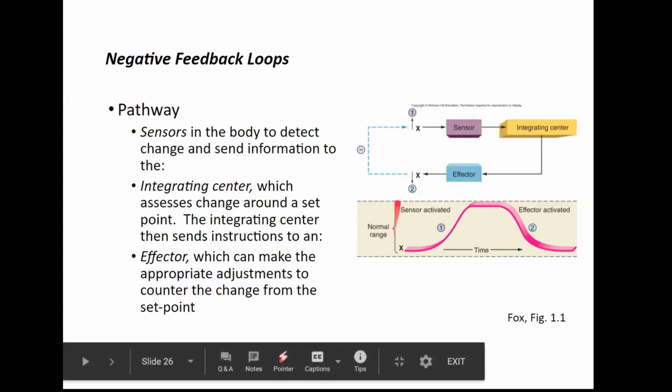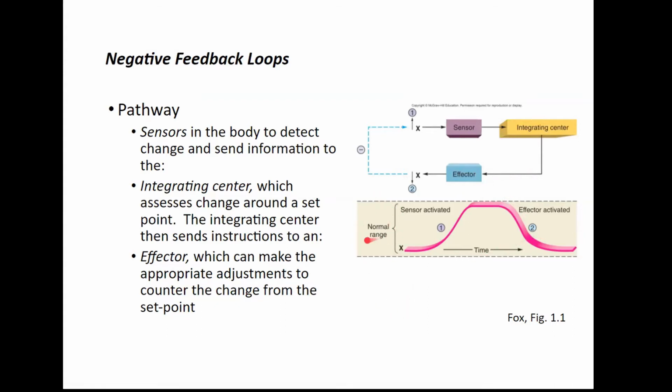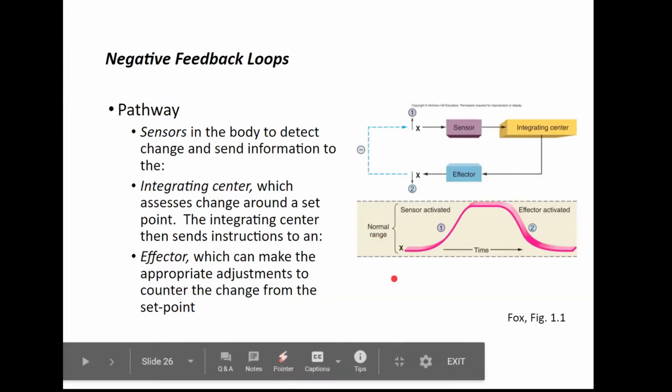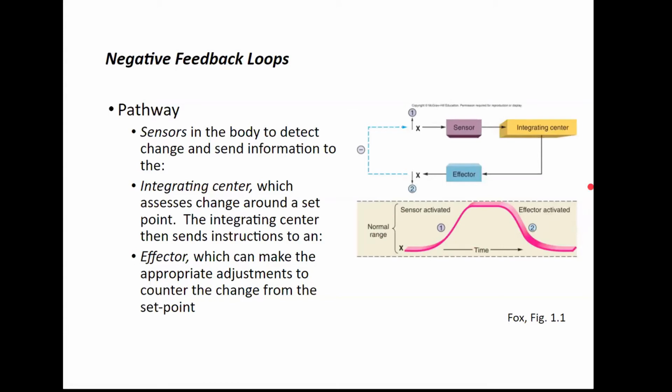And this will happen within a normal range that your body is able to control. So your temperature, you have a set point, but there's also a range of temperatures that your body is well equipped to handle using these negative feedback loops to return to the set point.